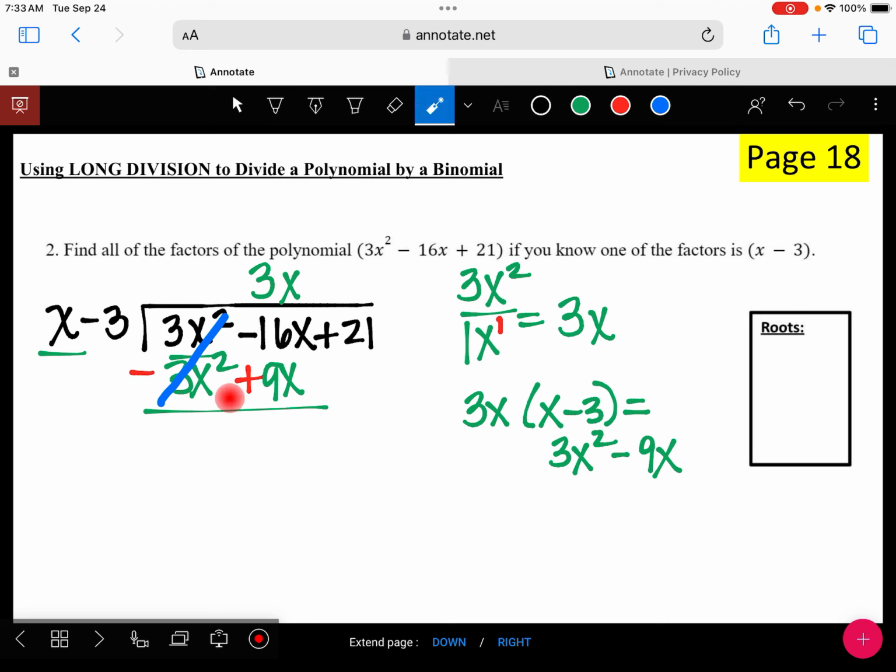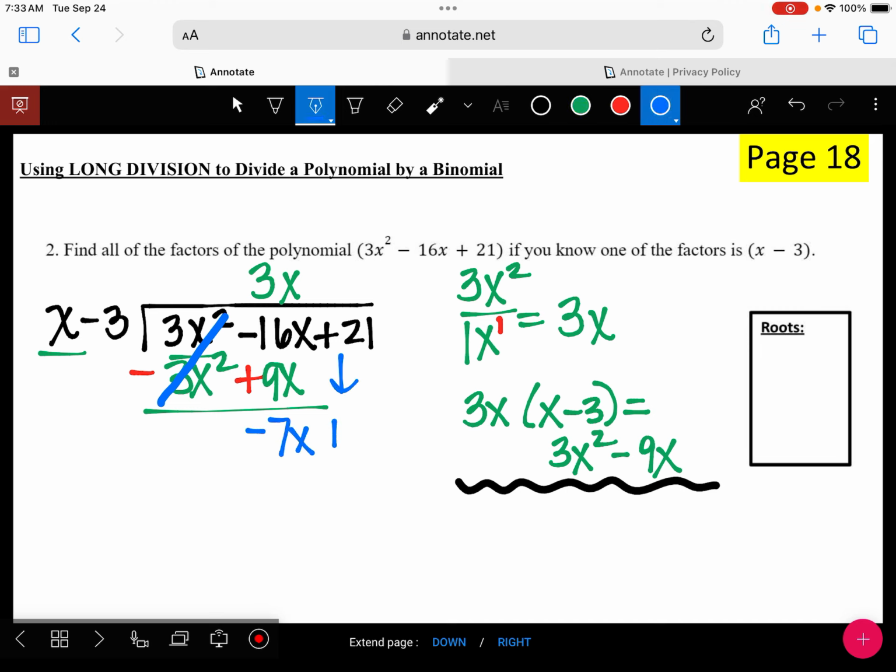All right, so now let's go ahead in your calculator, add -16 plus 9. Go ahead and add that. -16, what did you say? -7 or +7? -7. Anyone else get -7? Okay, good. So we're going to bring down that -7.